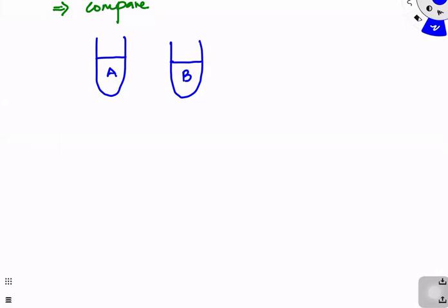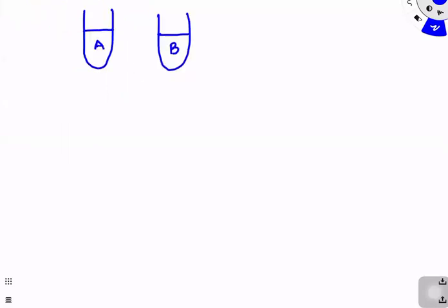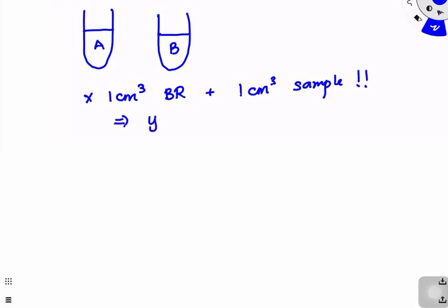I can use the Benedict solution to help me check. But provided that, if you want to compare, you have to be careful. You cannot use 1 cm cube of Benedict reagent plus 1 cm cube of sample, like what we discussed previously. Are you clear? That one is only for us to know whether yes or no.